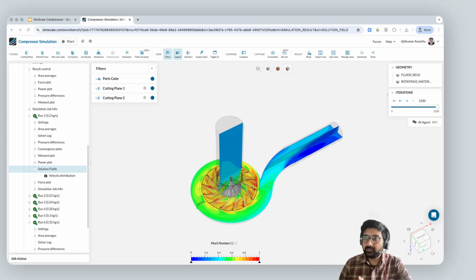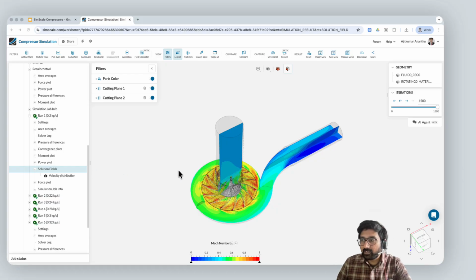Here we are within SimScale's post-processing scene, and a compressor simulation usually writes out a bunch of key variables, including the velocity of the fluid, the pressure inside the fluid domain, the Mach number, density, and other parameters related to the turbulence.